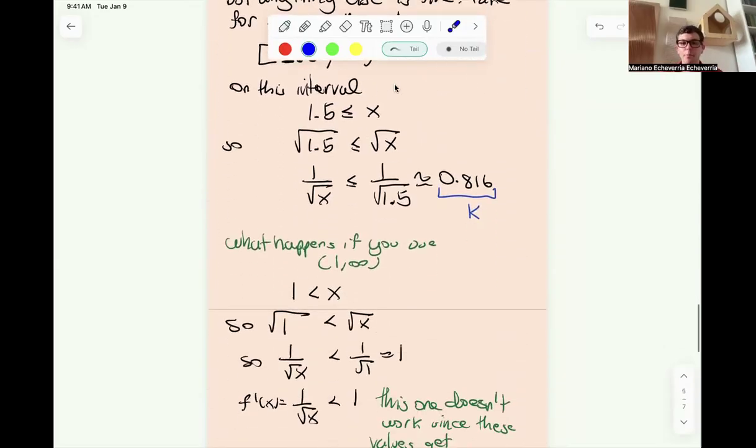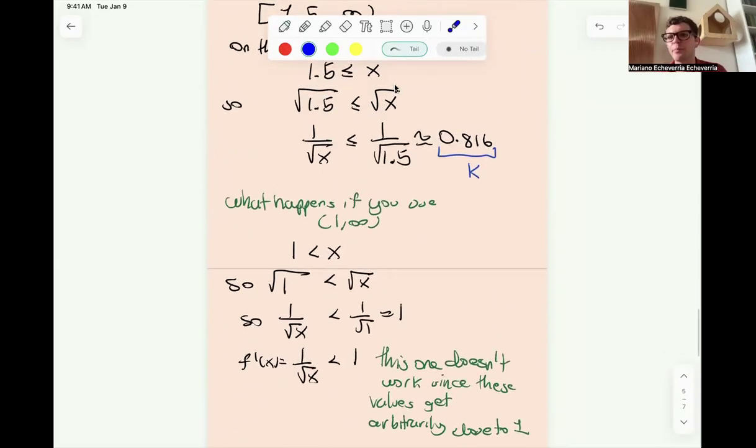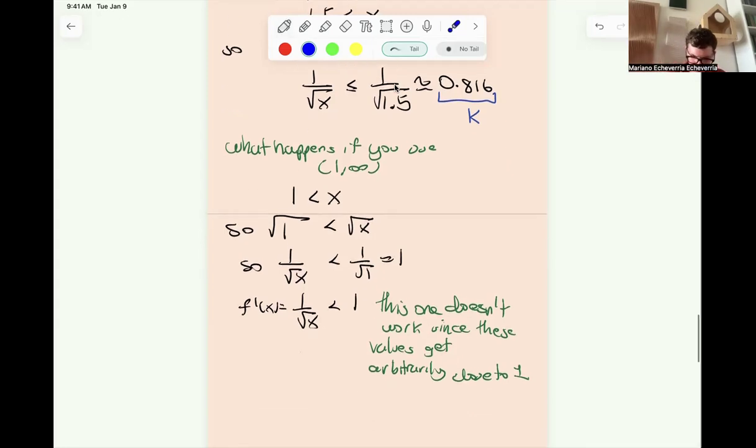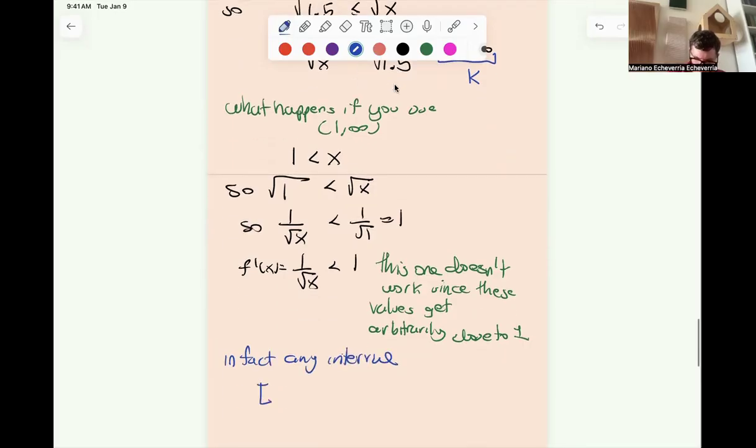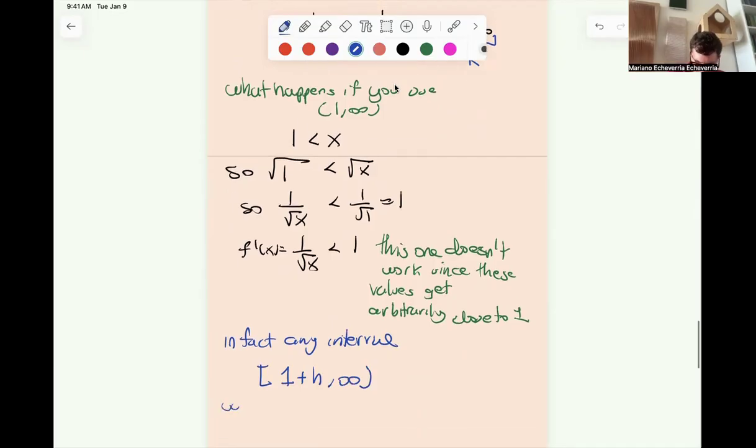So there's nothing special about 1.5. I just chose 1.5 because that gives you some buffer zone from 1, right? In fact, any interval that starts at 1 plus some tiny amount, which you can call h, comma infinity, would work if h is some positive number.